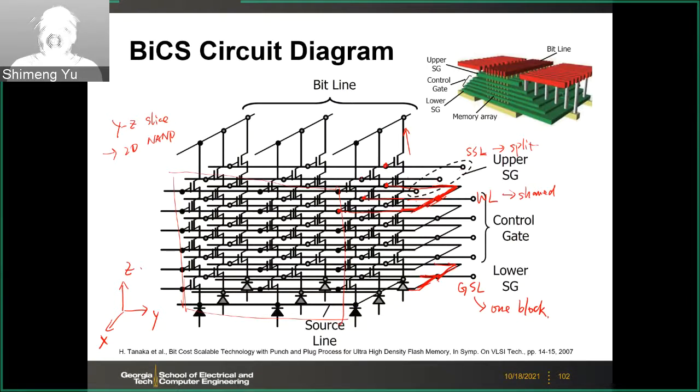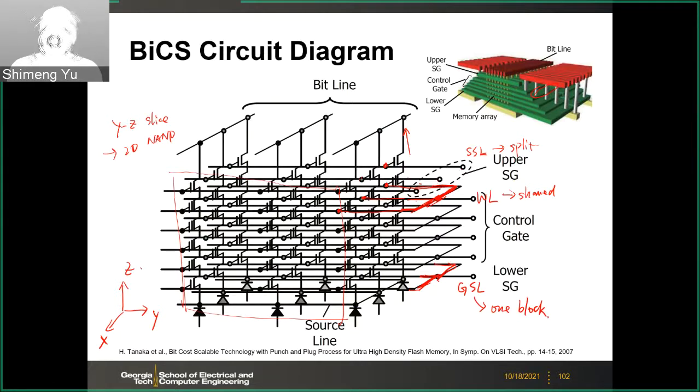So the gates, actually, they're not physically separated. They're connected together. It's a plane actually. Of course, you may have the slit, some isolation between the word lines, but at the end of the word lines in this region, they're connected together.